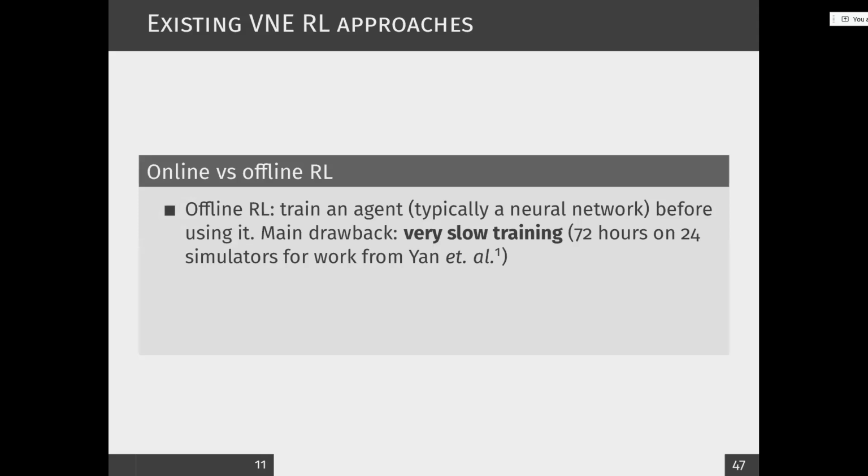It's supposed to be general, although it has caveats, because at the time when I did this work, in all the other approaches you would train for a single physical network. So if your network changed, you would have to retrain your agent for a very long time.